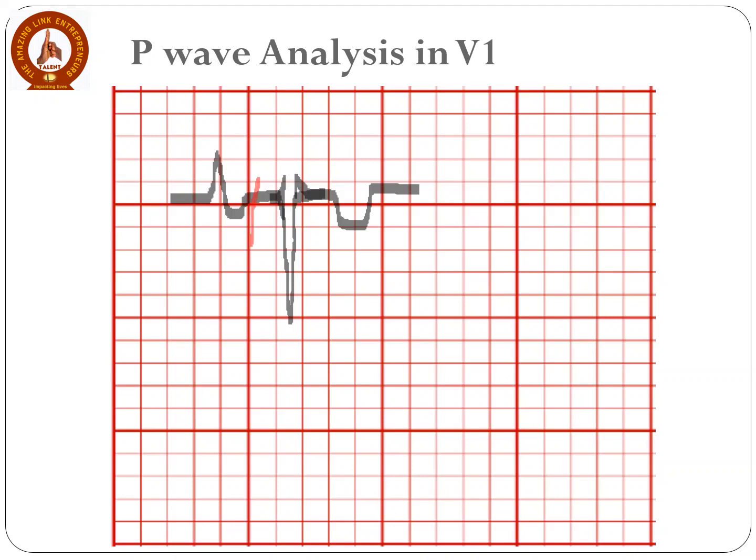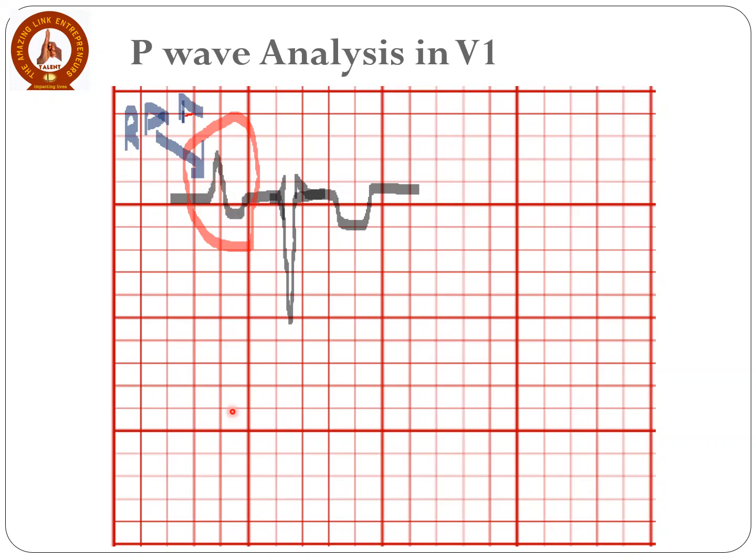The P wave is biphasic in such a way that the first component, which is the right atrium, is peaked. That's the right atrial abnormality. It is reflected in the first component, which is peaked, and the second component, which represents the left atrium, is normal.